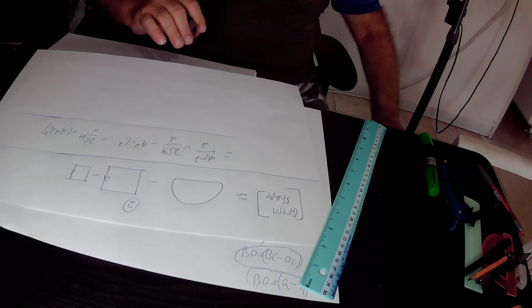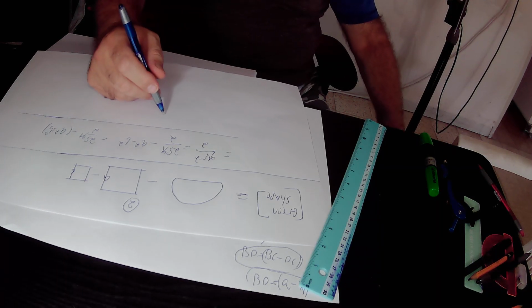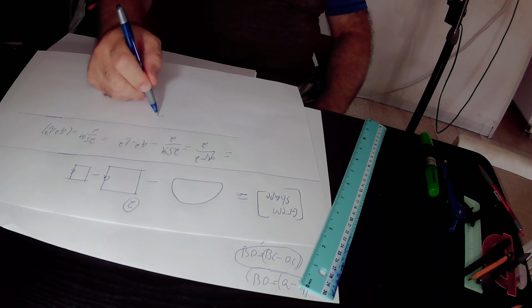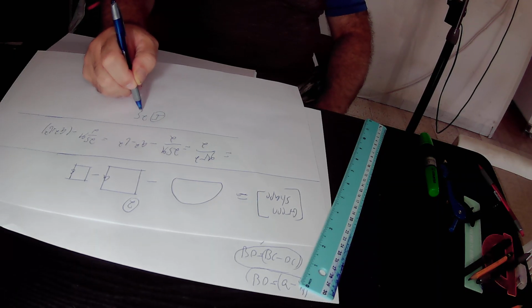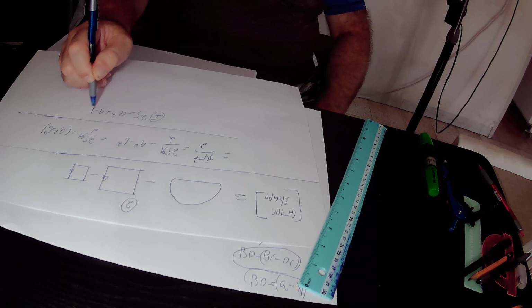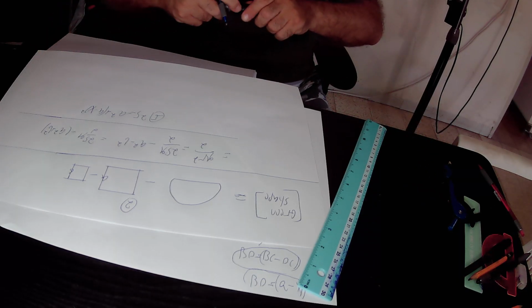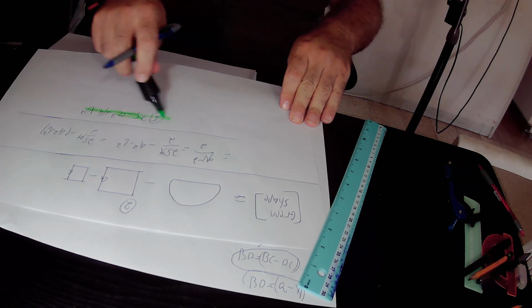But according to equation 1, we have found out that 25 equals a square plus (a minus x) square.